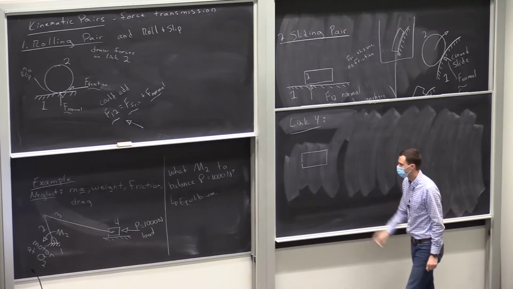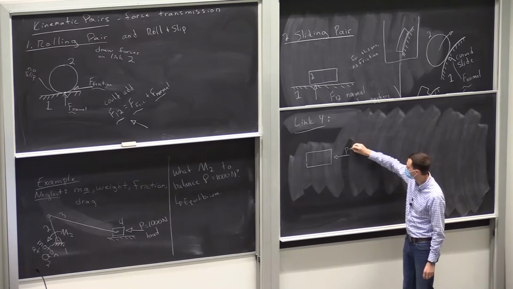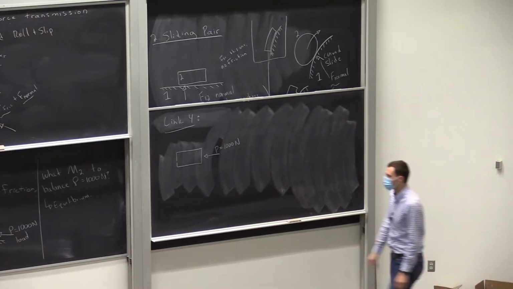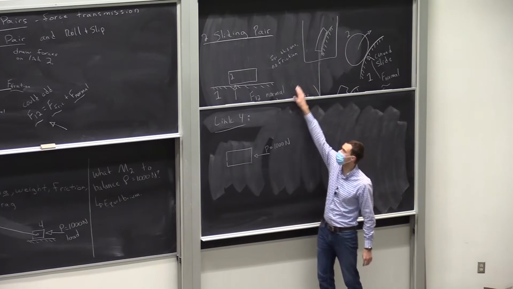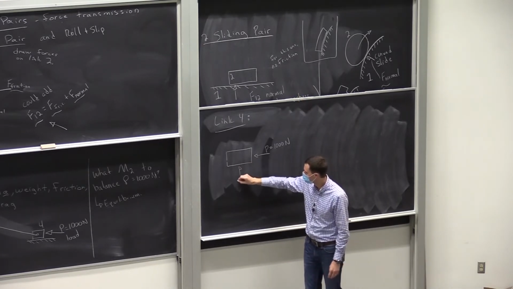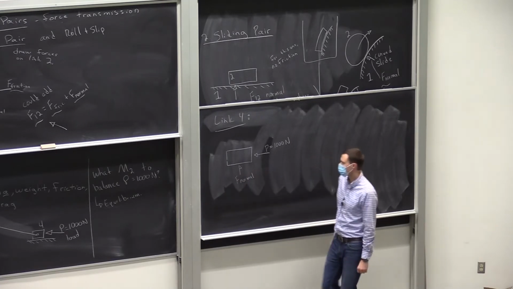So here's link 4. We're going to put what we know. P is 1,000 newtons. That's known. What else do we have? 4 is sliding on the ground. It's sliding on 1. So sliding kinematic pair, it's up at the top board there. That's going to be here.